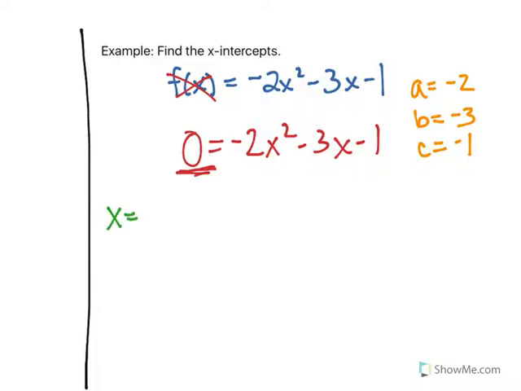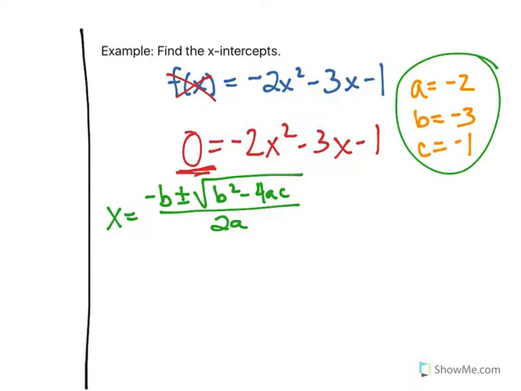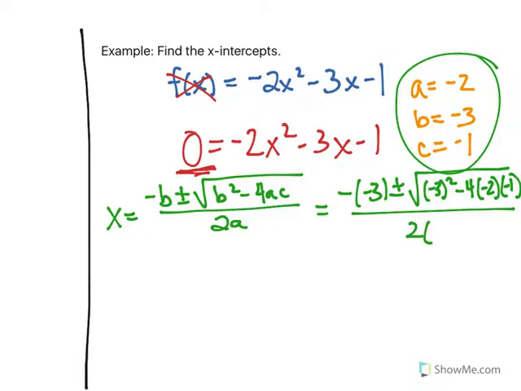The quadratic formula is x equals -b plus or minus the square root of b squared minus 4ac, divided by 2a. And we're just going to plug these values in to solve for x. So we get -3 plus or minus the square root of -3 squared minus 4 times a, which is -2, times c, which is -1, divided by 2 times a, which is -2.